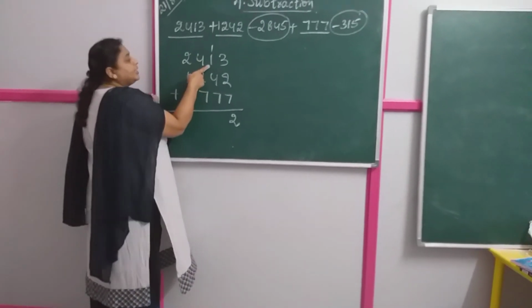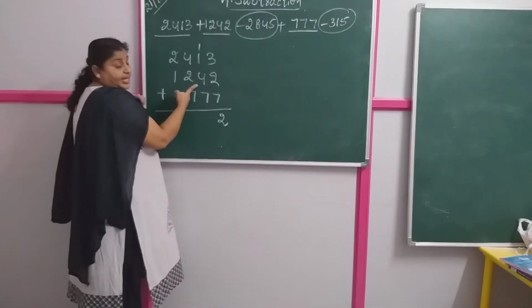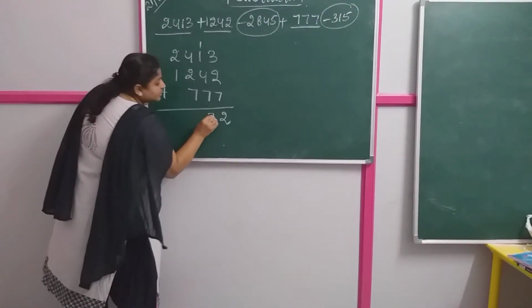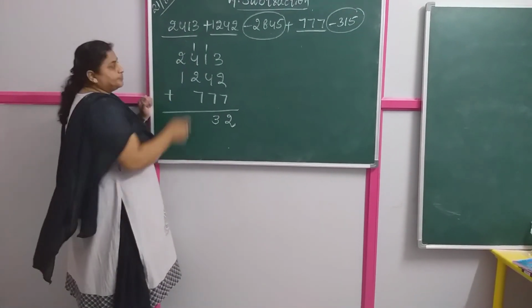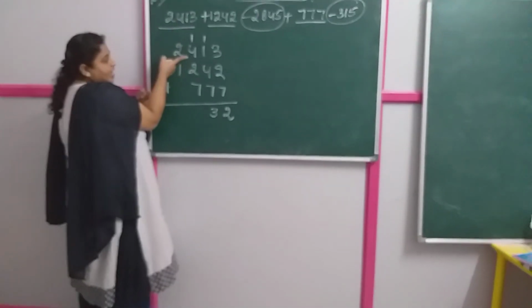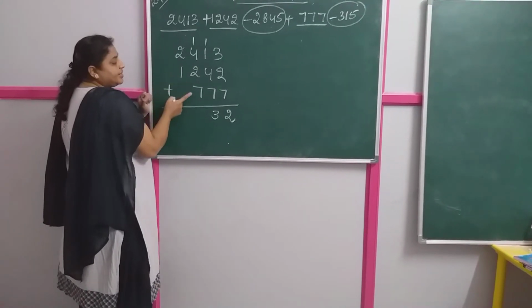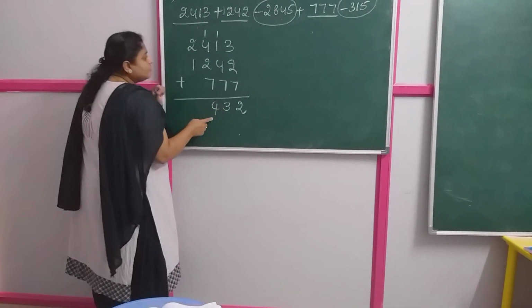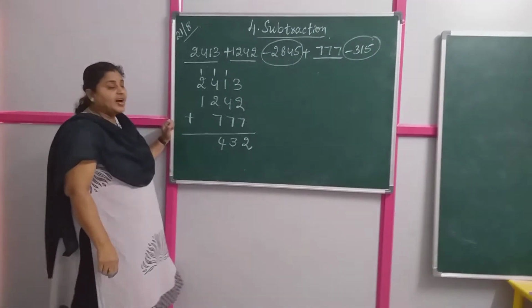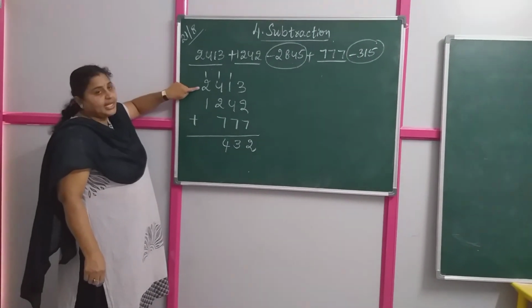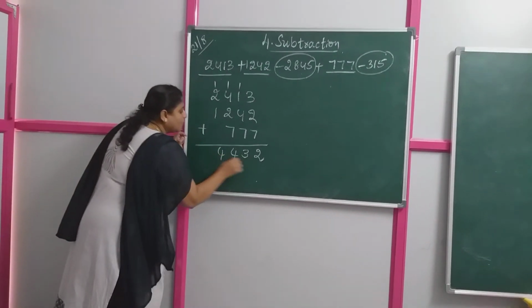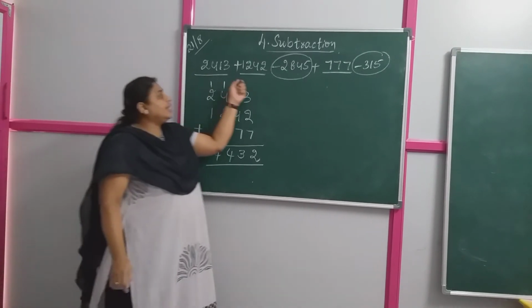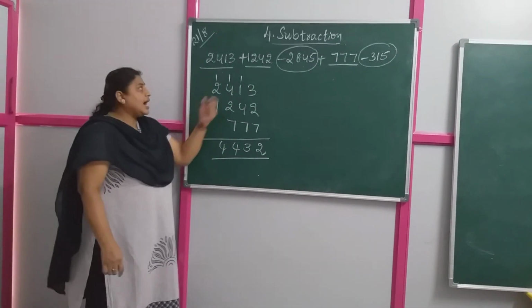Again 1 plus 1, 2. 2 plus 4, 6. 6 plus 7, 13. Carry over 1. 1 plus 4, 5. 5 plus 2, 7. 7 and 7, 14. 4 here. Carry over 1. 1 plus 2, 3. 3 plus 1, 4. So I have added all the numbers that got underlined.